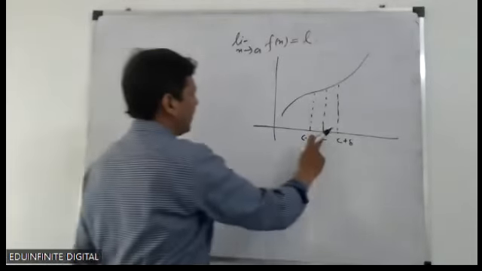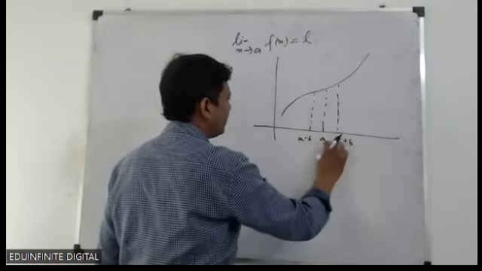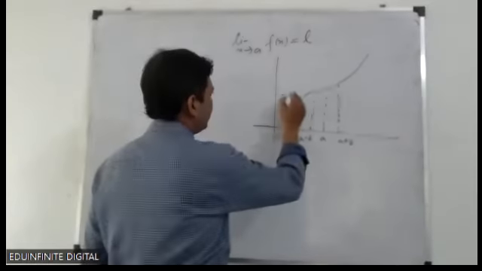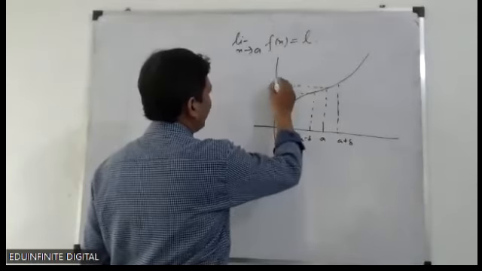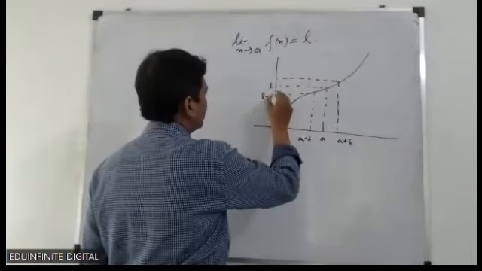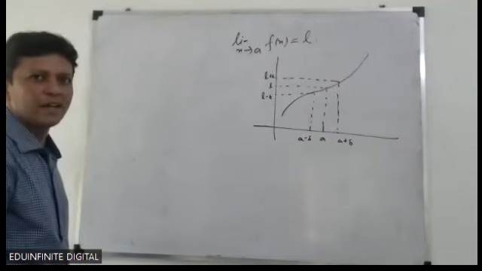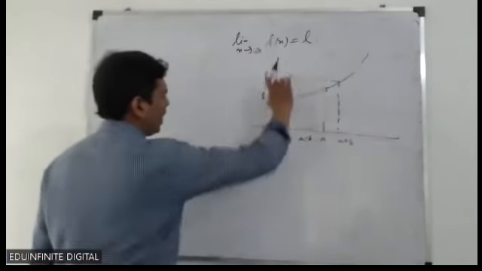Here you have A. It's a very small neighborhood of A, and that gives you the value L in the neighborhood of L minus epsilon, L plus epsilon. So this is the neighborhood of A, and this is the neighborhood of L.